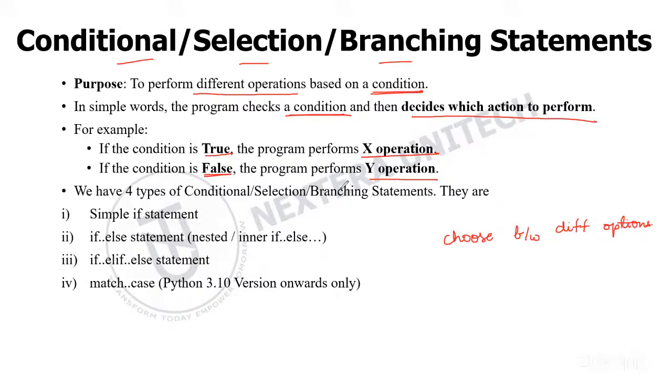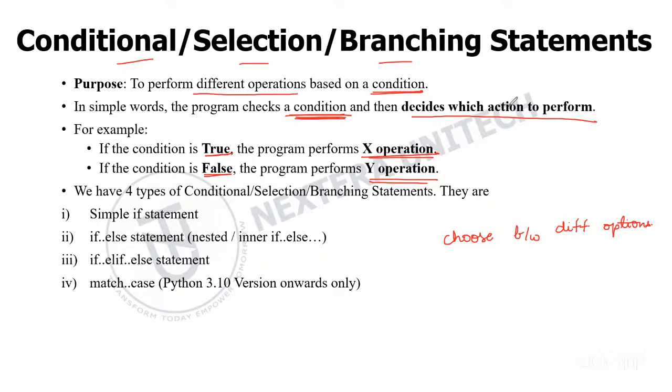Imagine you just open Swiggy or Zomato, okay? If you select the veg option, the app will show you all the veg options. And if you select non-veg, it will show all the non-veg options. Based on your selection, the app will show different options, right? Similarly in Python, based on whether the condition is true or false, the condition will decide which block of code to run or which operation to perform.